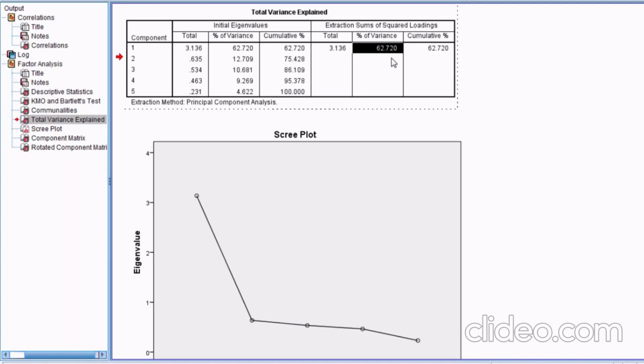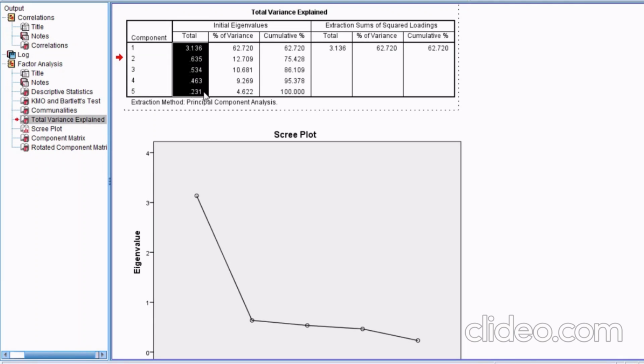One way to assess how good of a job this analysis did at explaining the relationships between those variables is to look at the percent of variance accounted for by the component. In this example, our one component solution accounted for 62.72% of the variance, or about 63%, which is pretty good in practice.